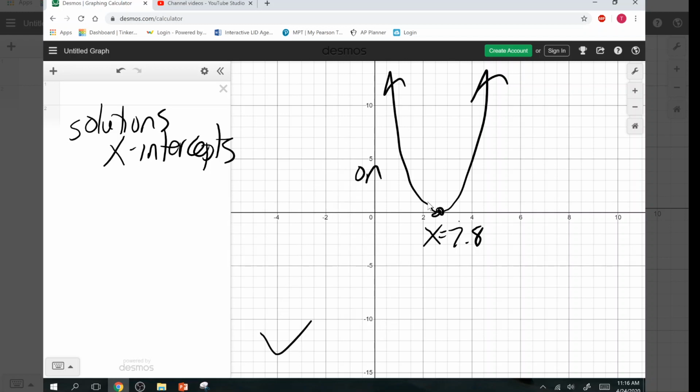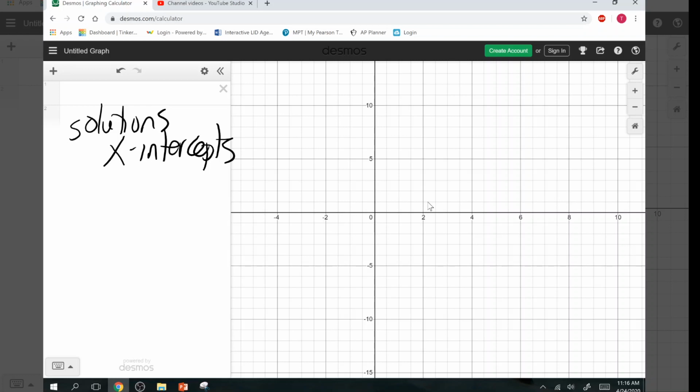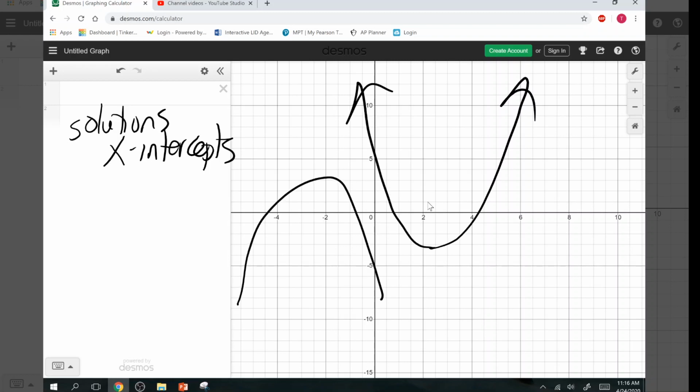And our last example is the two solutions version. Quadratics are weird. Unlike lines, which always have one solution, quadratics can have 0, 1, or 2 answers, and it depends on how the graph looks. So our last case looks like this, or like this.